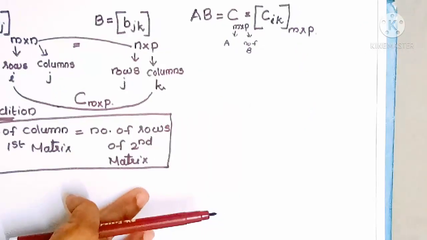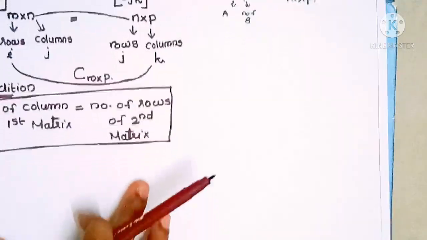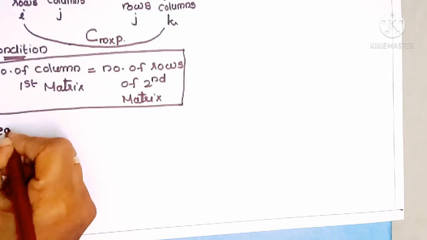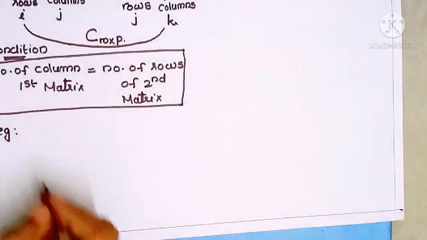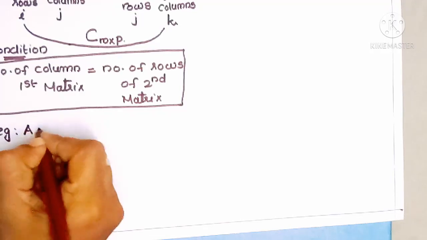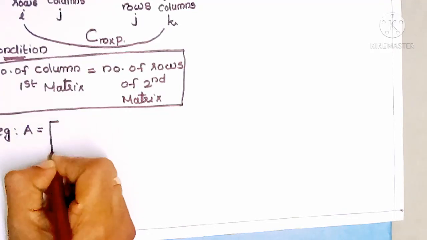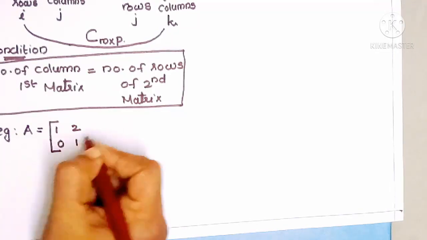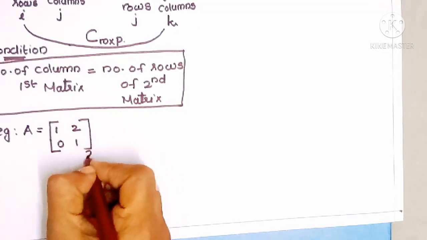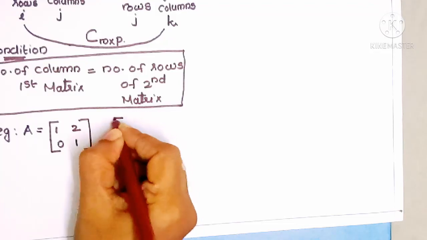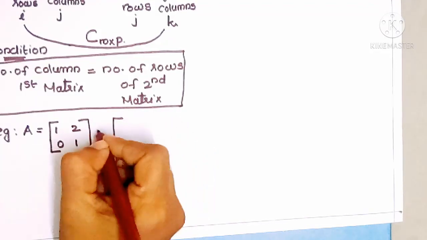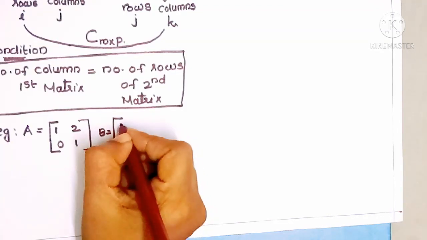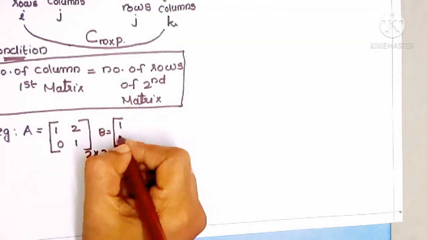To understand this concept, we can take one example. The first matrix A can be written as 1 2, 0 1. This is a 2 by 2 matrix. Next we can write matrix B, which is 1, 0.